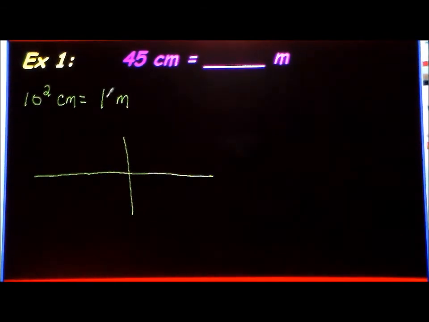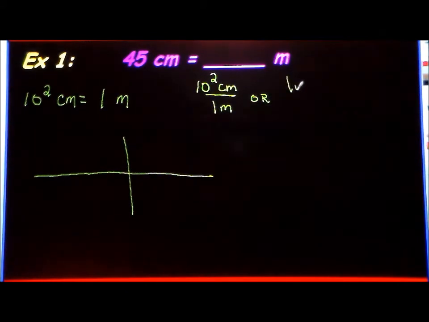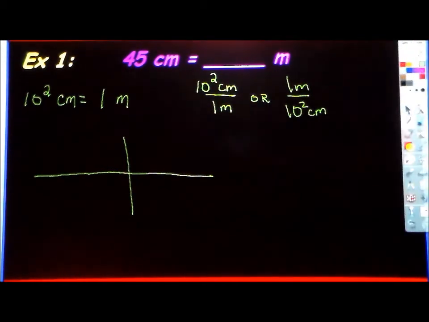My conversion factors from this equality would be 10 squared centimeters to a meter, or 1 meter to 10 squared centimeters. So we'll start with what we were given, and we were given centimeters.